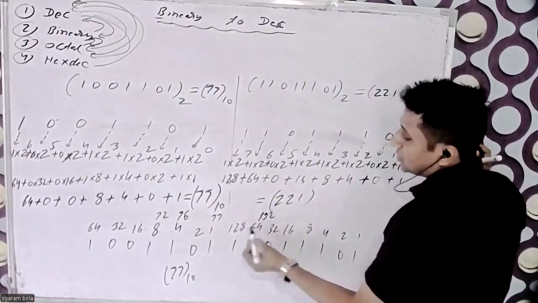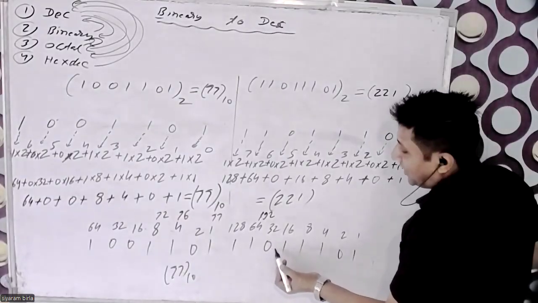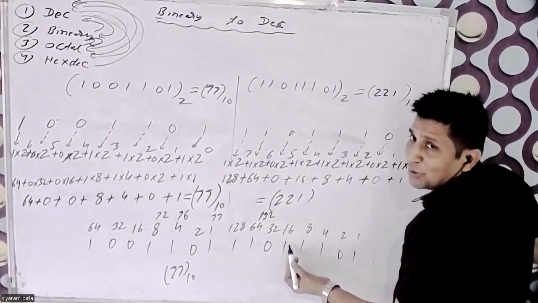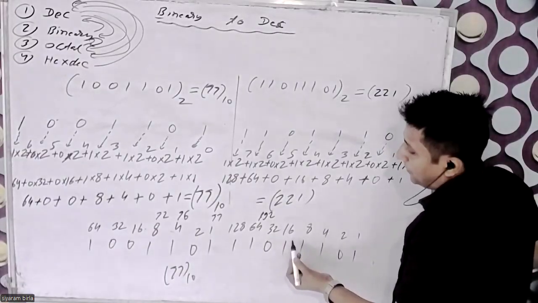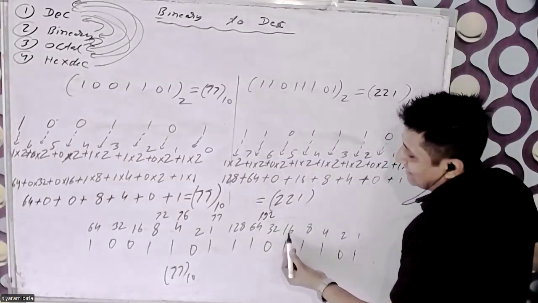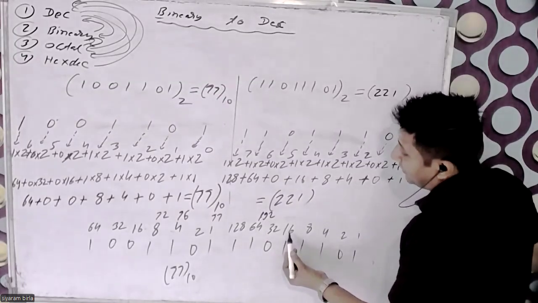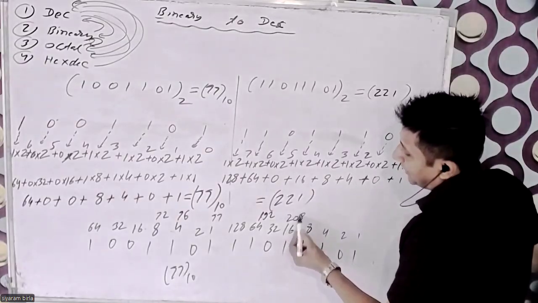So the sum of this number is 192. Below the 32 is 0, so I can ignore it. Below the 16 is 1, so I can add that number here. So it will become 192 plus 10. First I add 10, so it's 202, and I add 6, so it will become 208.